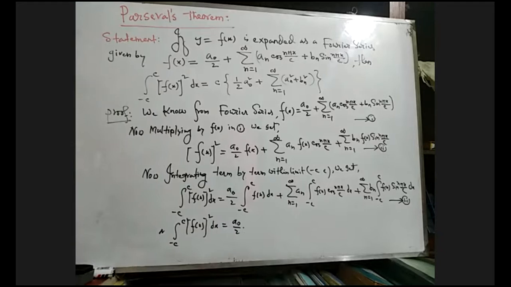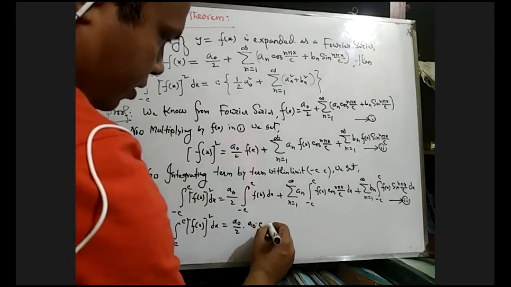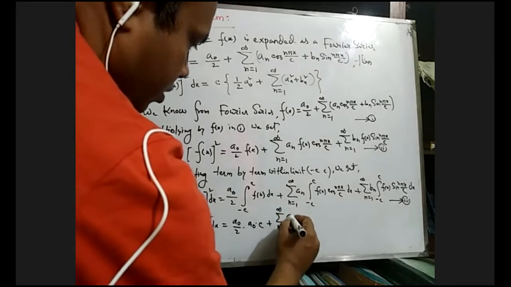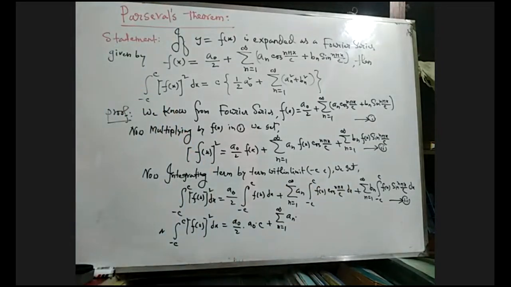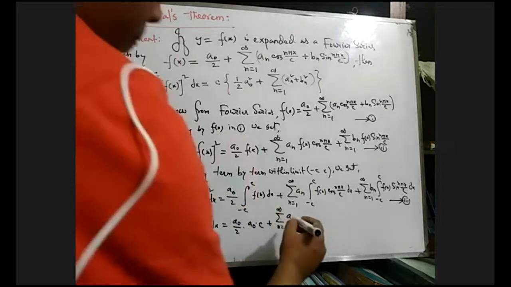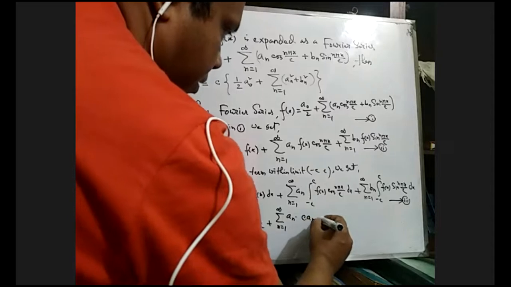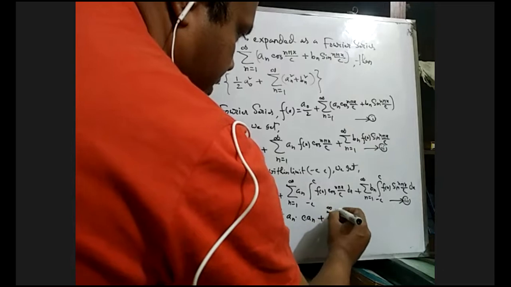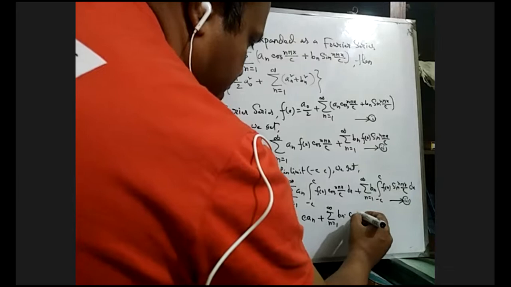That means we can write a naught c for this, a naught into c, and summation n equals 1 to infinity a n, and this is the formula for what? c into a n. Plus summation n equals 1 to infinity b n, and this is the formula for what? c into b n.